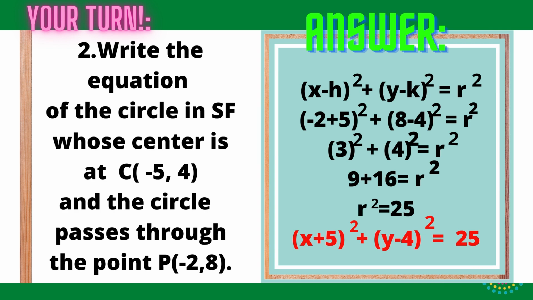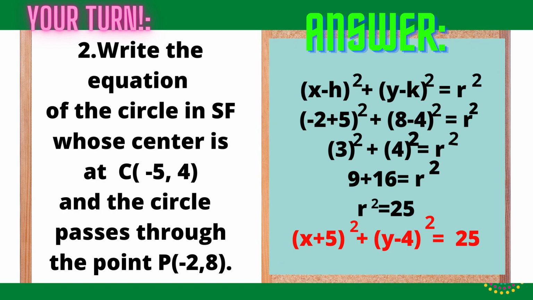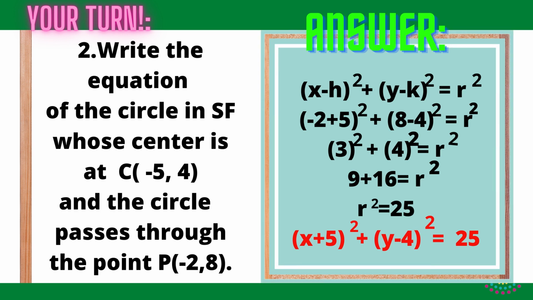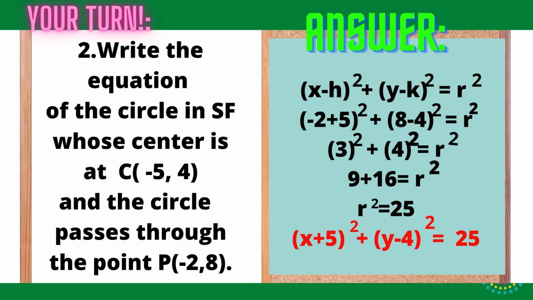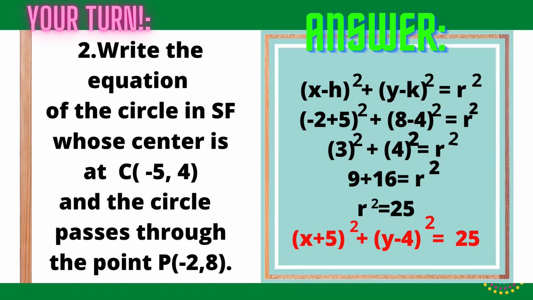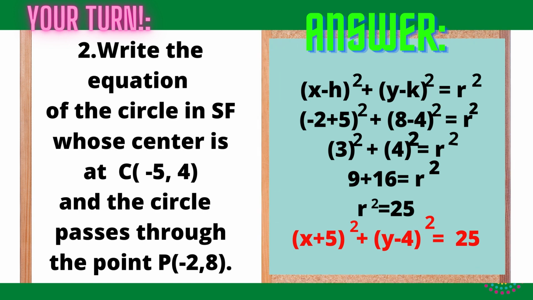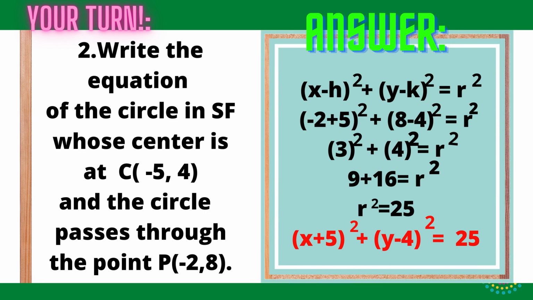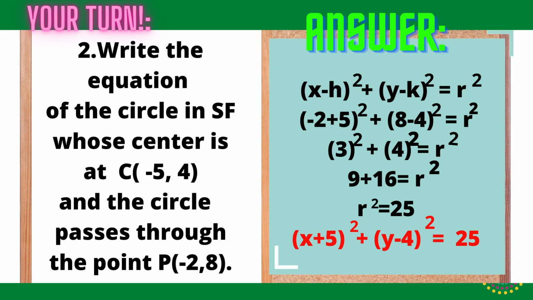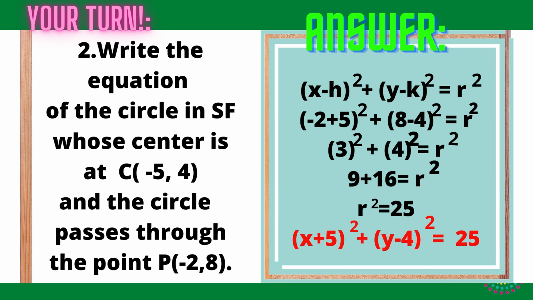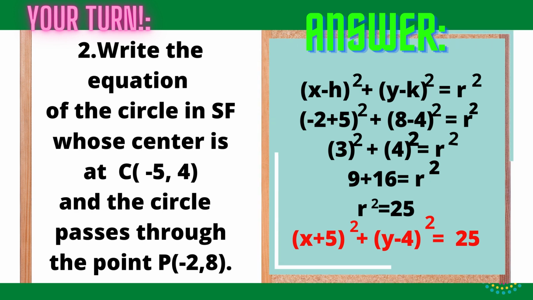So let's simplify. -2 plus 5 is 3, quantity squared, plus 8 minus 4, 4, quantity squared equals r². 3 squared is 9, plus 4 squared equals 16. 9 plus 16 is 25. Therefore, r² equals 25.